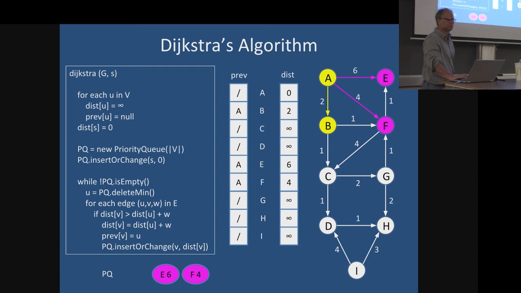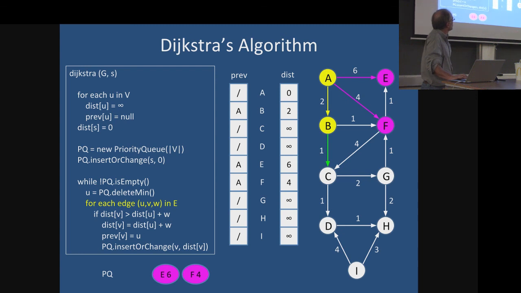Now what's going to happen? We'll look at its edges. Now U in this case is B. So we're going to look at the edges one at a time out of B. Is that a better path to C than the one we knew about?